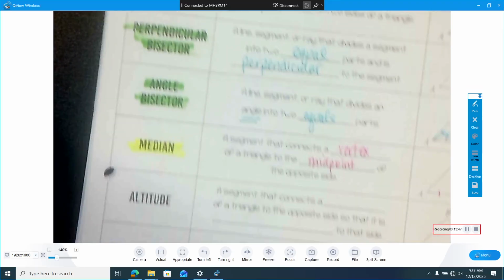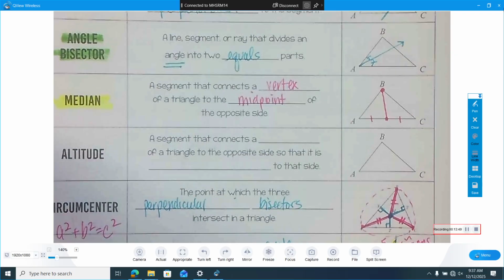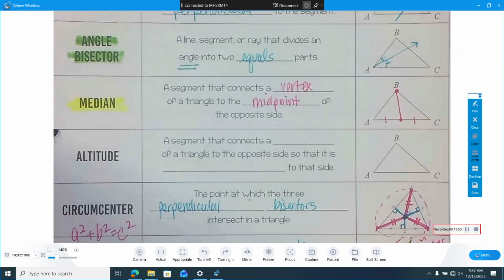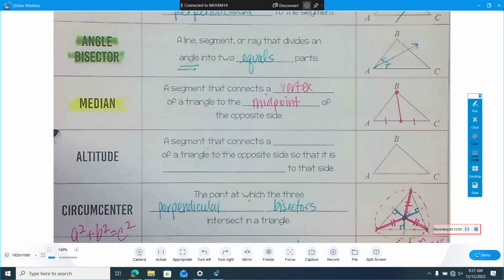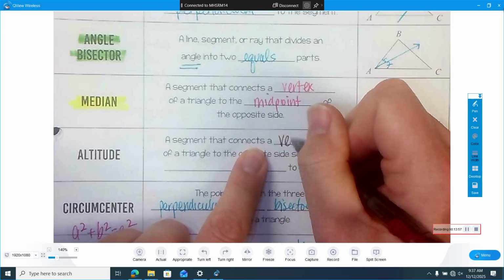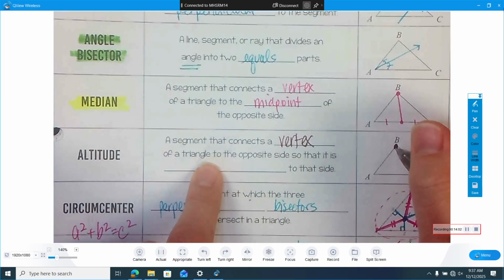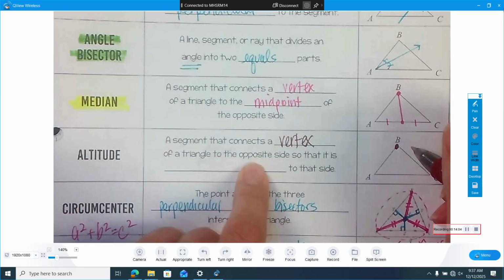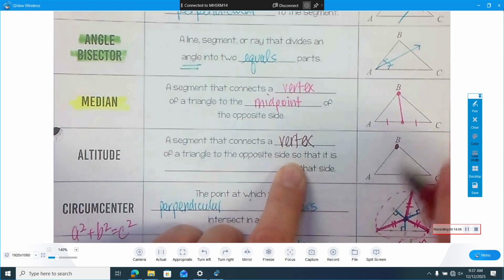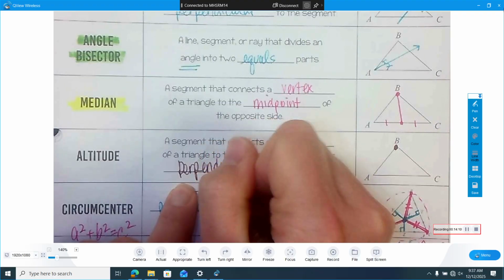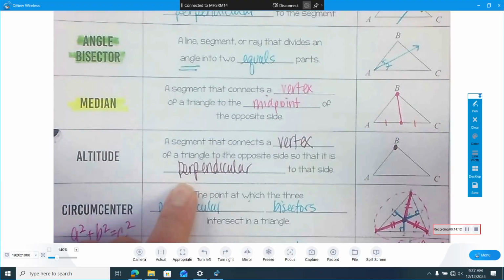All right, let's go back to the very first page really fast and complete these. A segment that connects a vertex of a triangle to the opposite side so that it is perpendicular to that side.